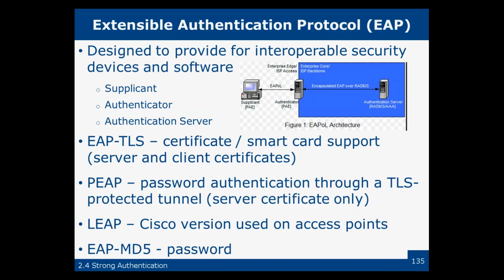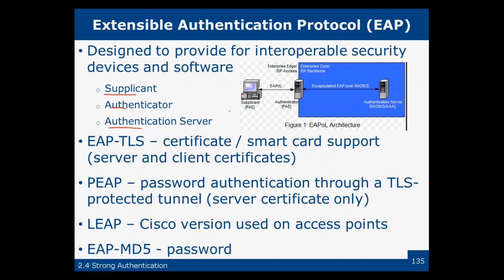Extensible authentication protocol is something that's supported by the newer operating systems. What this is going to allow us to do is have an encrypted sort of authentication process. There are a couple of new terms here: supplicant, authenticator, and authentication server.